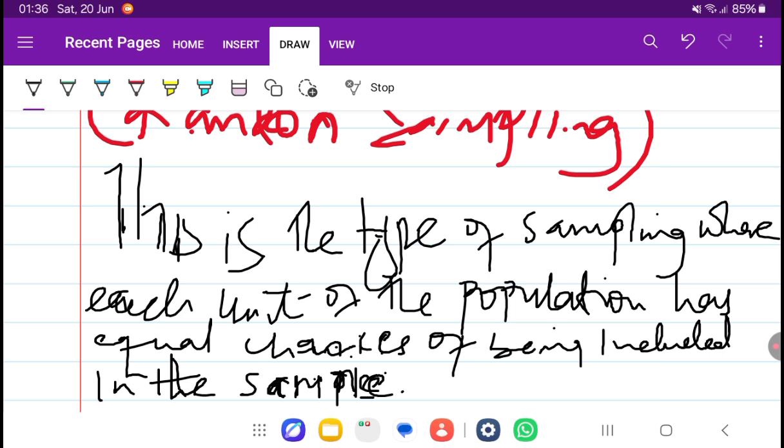So a probability sample refers to a random sample, and a random sample is one in which every member of the population has equal chances of being selected to be part of the sample.